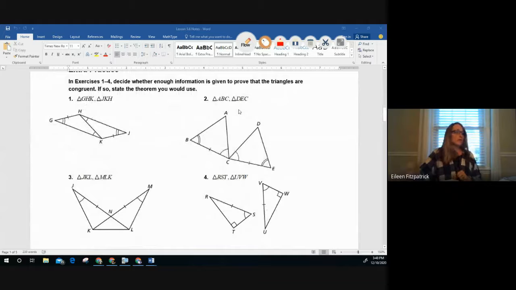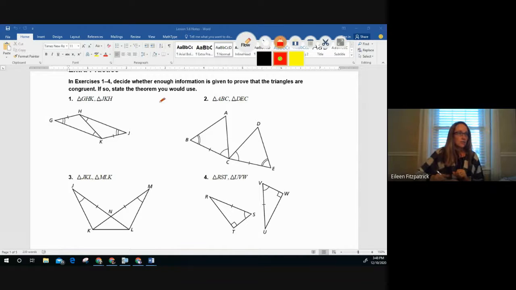In exercises 1 through 4, it says, decide whether enough information is given to prove the triangles are congruent. If so, state the theorem you would use. We're looking at triangle GHK and triangle JKH.